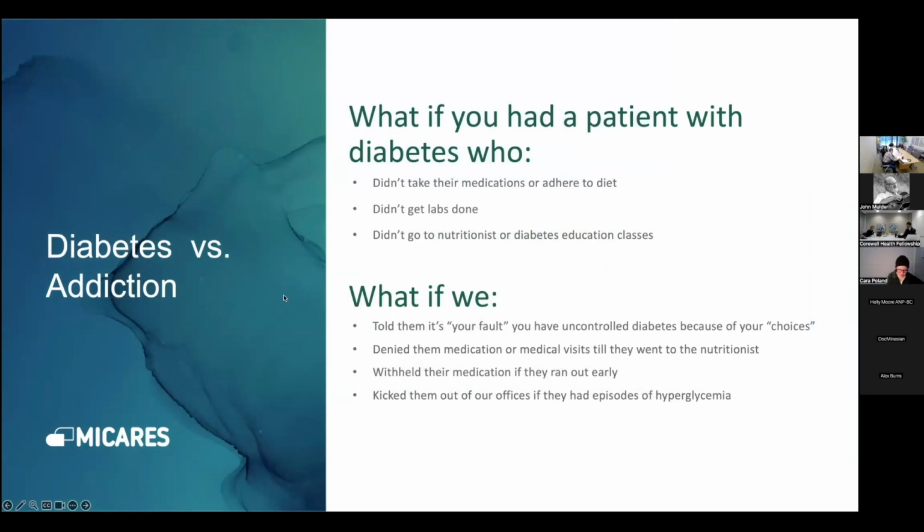I know I'm bumping against the time, but this slide is just to say, if we did some of the things that we do with people with substance use disorders in the healthcare system on a day-to-day basis, it would be considered malpractice. People with an alcohol use disorder who are discharged with an FDA-approved medication to treat their alcohol use disorder have a 51% decreased 30-day readmission rate.